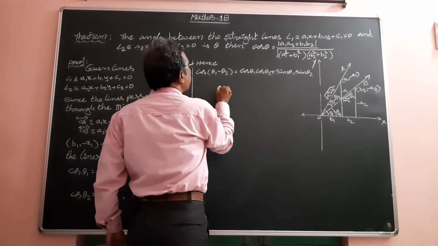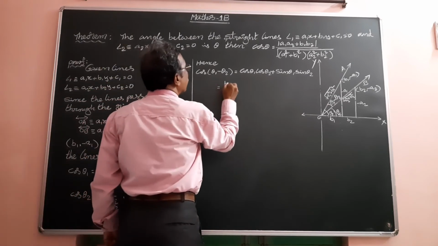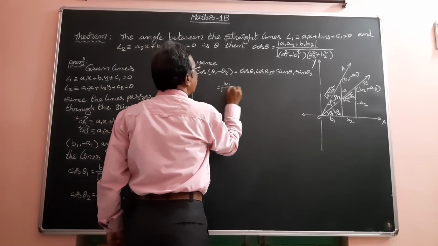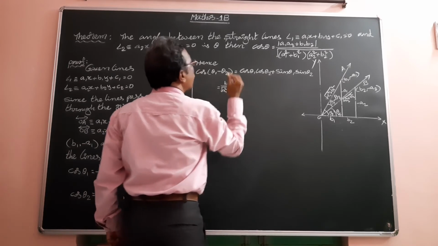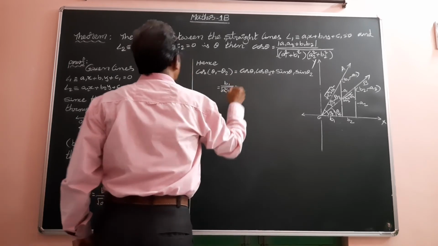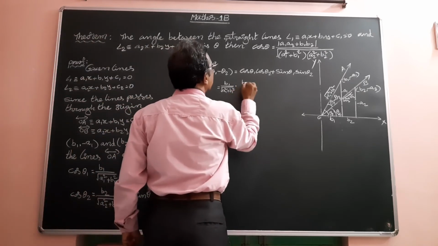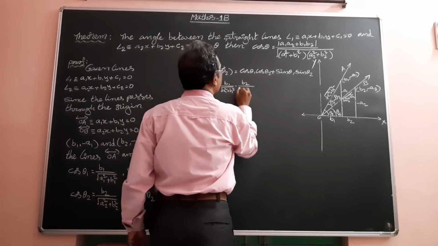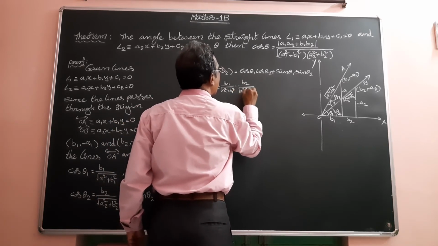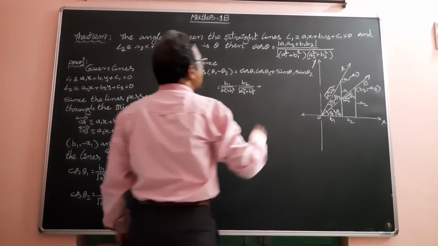That equals cos theta 1. What is cos theta 1? b1 by root of a1 square plus b1 square, into cos theta 2, b2 by root of a2 square plus b2 square, plus sin theta 1.